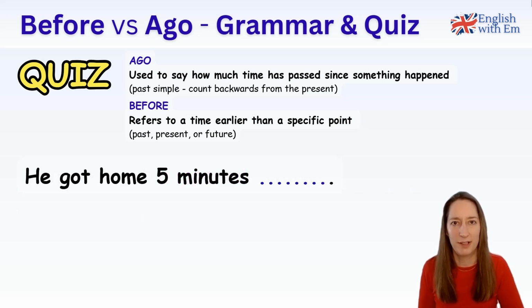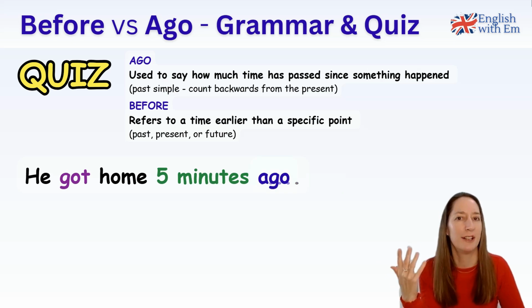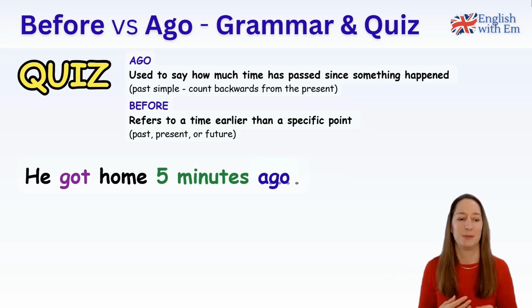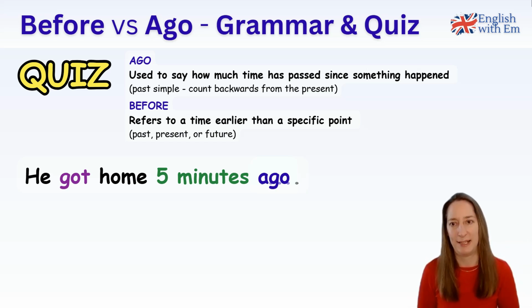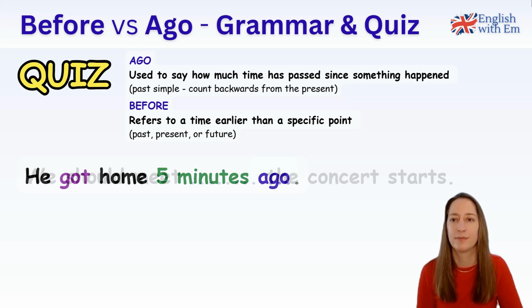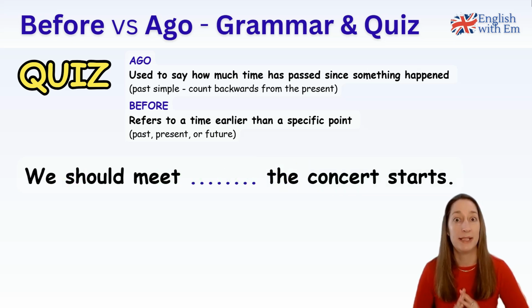He got home 5 minutes. Ago. He got home 5 minutes ago. So we're in the past simple, he got home, and we're counting back 5 minutes from now. We should meet.